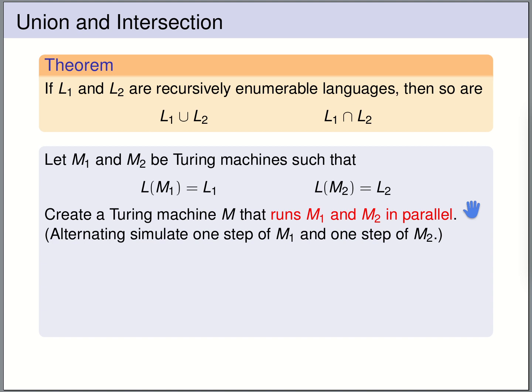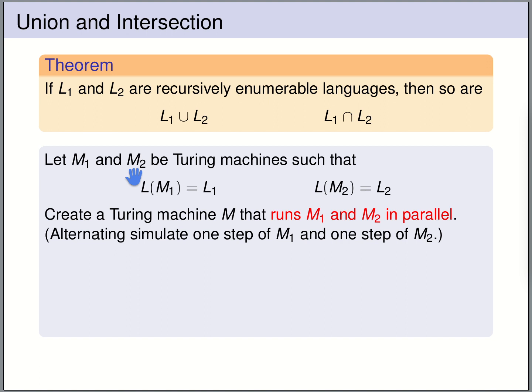The main idea is that our machine M runs M1 and M2 in parallel. So it will run both M1 and M2 at the same time. Of course, we don't have real parallelism, but we can create a machine M that alternately simulates one step of M1, then one step of M2, one step of M1, one step of M2.